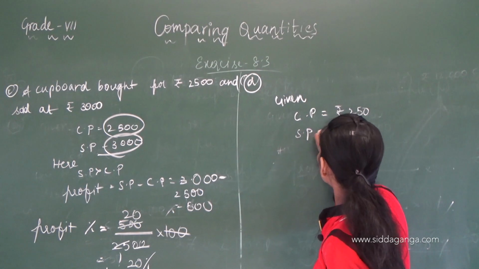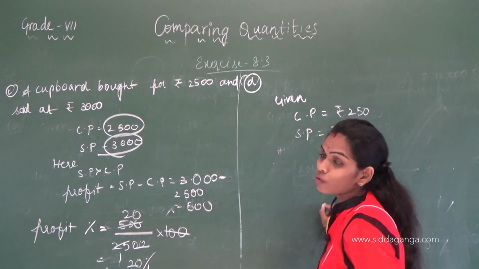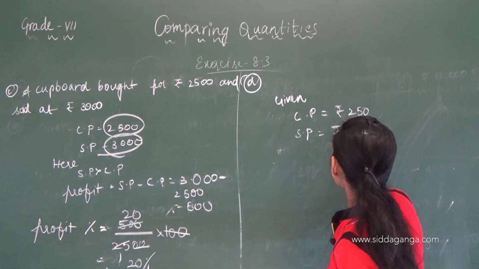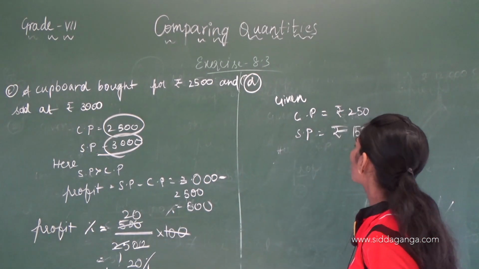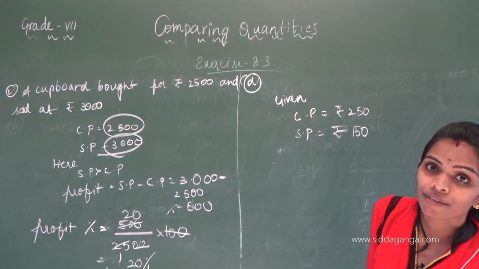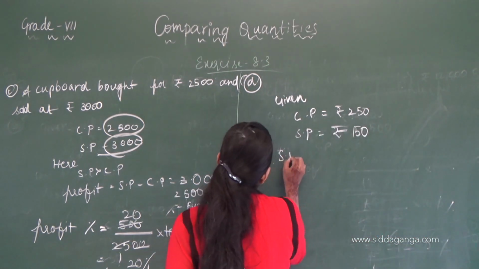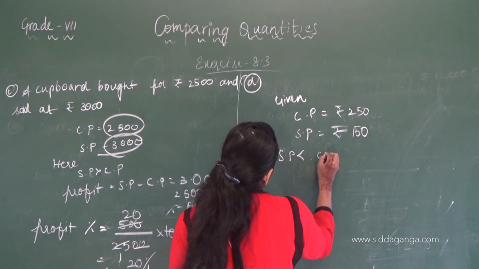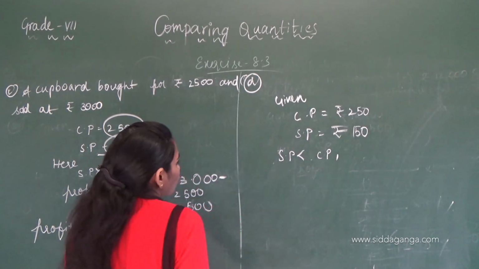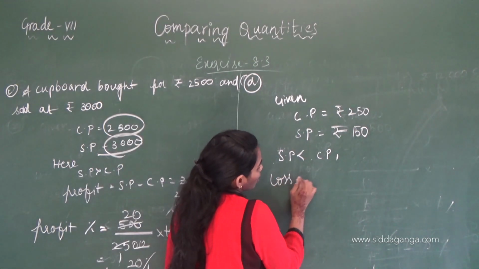SP is equal to, that means the selling price of the shirt is 150. Here if you observe, SP is less than CP. Therefore, we will get loss. What is loss?